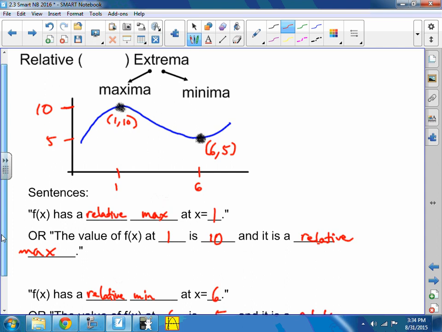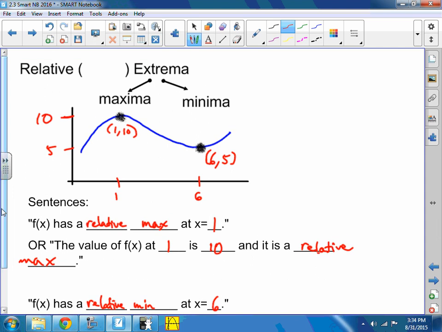Just scrolling back up here real quick, there's a blank here that I left blank on purpose. The word that goes here is local. The reason we call this a local min or relative min is because when you are talking about the highest points on a graph, it is often the case where there is no truly highest point.